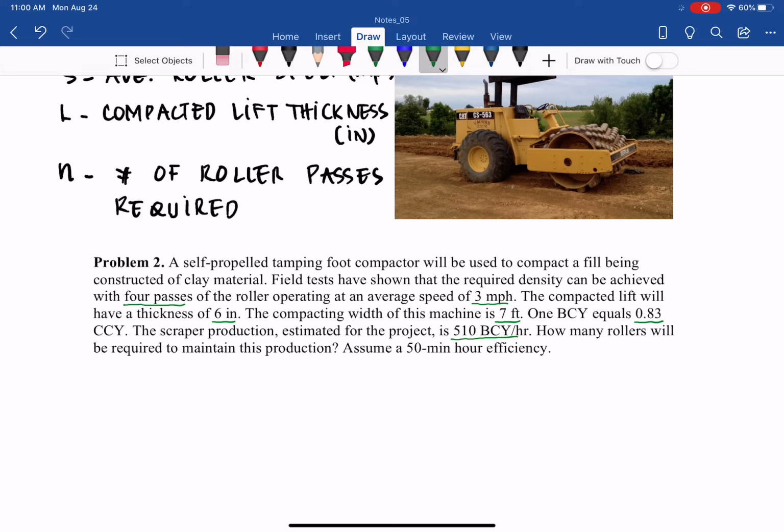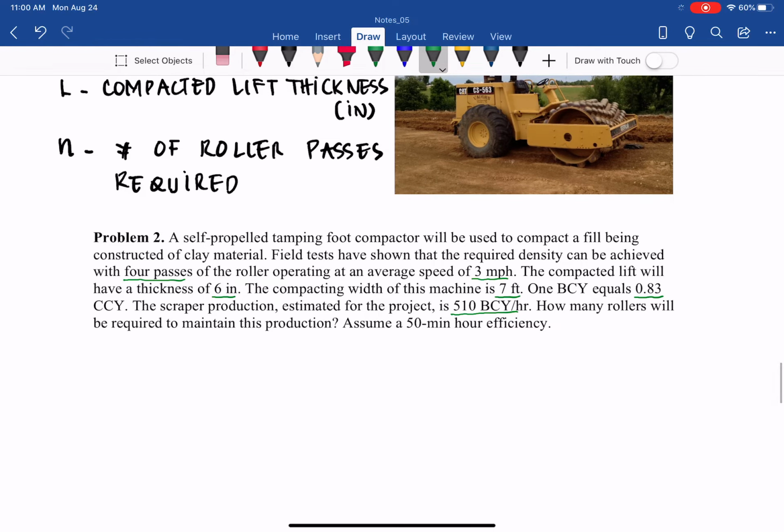The question is how many rollers will be required to maintain this production, so that whatever material is excavated by the scraper, the roller, the compactor, can accommodate to compact it so that there is a smooth operation. So basically no bottleneck either from the scraper or the roller. And they give us the efficiency of 50 minutes per hour.